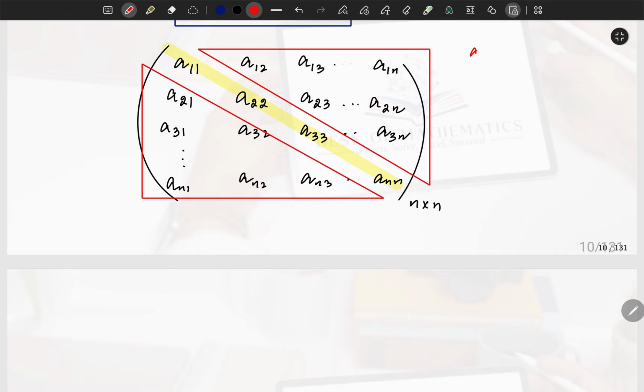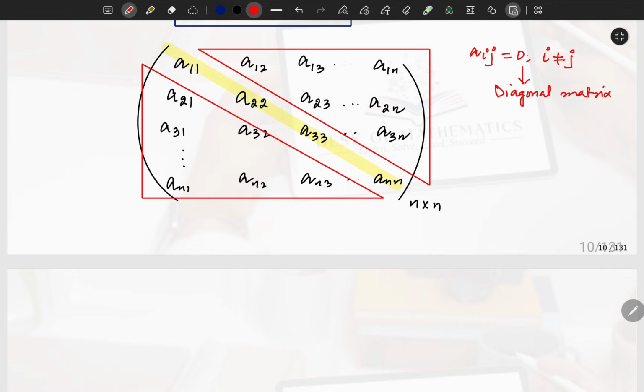So Aij is 0 when i is not equal to j, then we call it a diagonal matrix. Yes or no? All these elements should be 0.